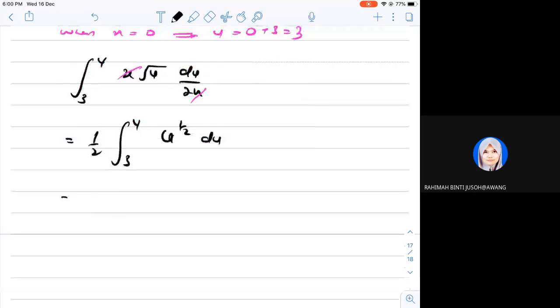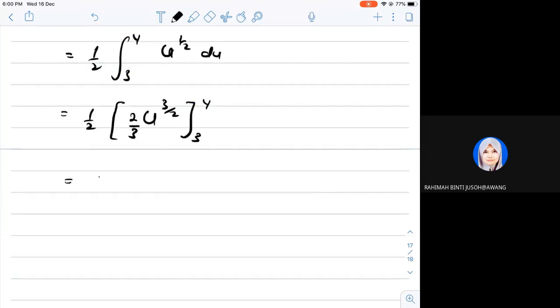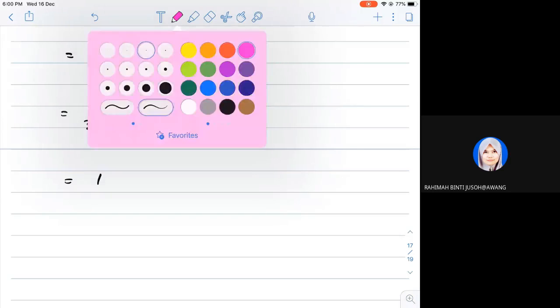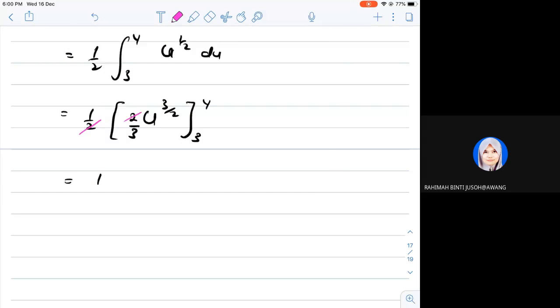So integrate, we will get u to the power of 3 over 2 over 3 over 2, so it becomes 2 over 3. Okay, so substitute 3 and 4. Again, this can be cancelled. So we have 1 over 3, 4 to the power of 3 over 2 minus 3 to the power of 3 over 2.